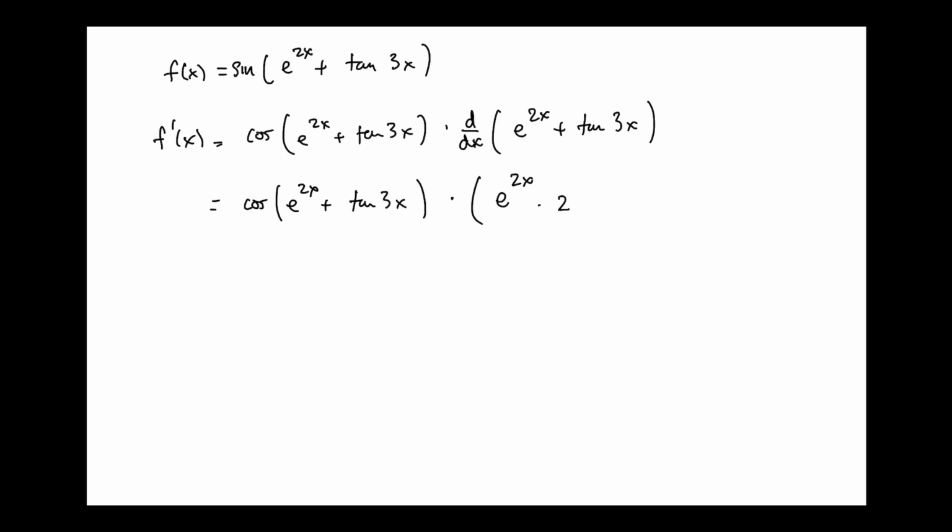So that's the first part. What about tan of 3x? Well, what's the derivative of tangent? Yeah, secant squared. So we have secant squared of 3x times 3 from the chain rule. And could we simplify that? Not really, so I just leave it as so.